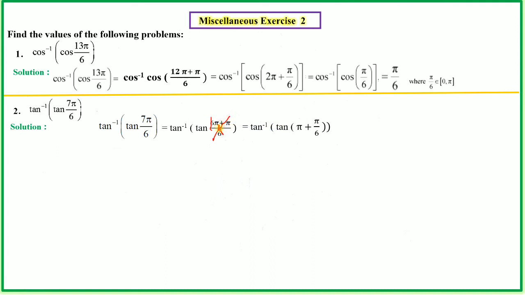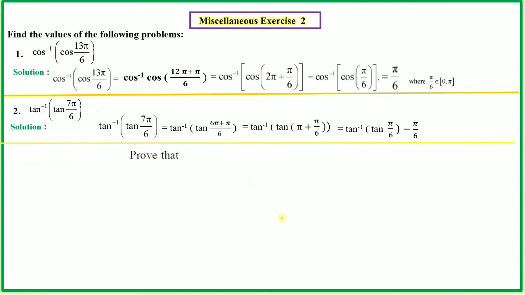Then tan pi plus theta means third quadrant, and in the third quadrant tan is positive. So we write tan inverse tan pi by 6. Now this pi by 6 belongs to the first quadrant, so we can cancel tan inverse and tan, which equals pi by 6. That is the value for question number 2. Very simple small questions.